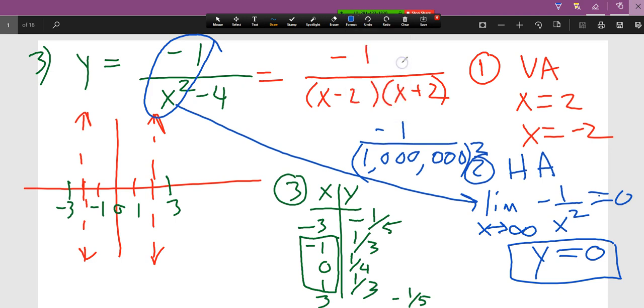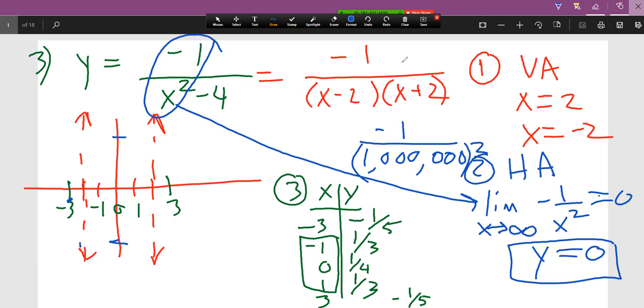Folks, for ease of visibility, I'm going to expand the y-axis scale for our eyes. -3 and -1/5, so we're talking somewhere in the neighborhood right there.